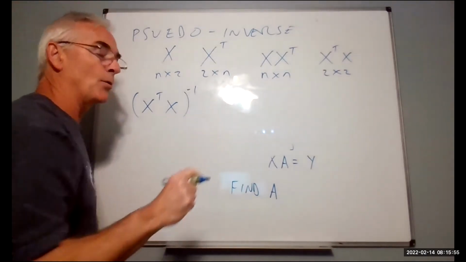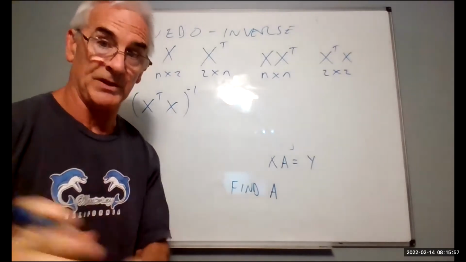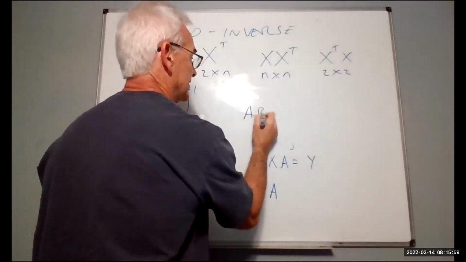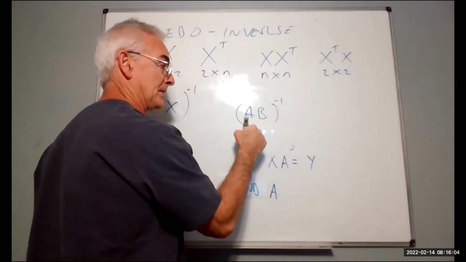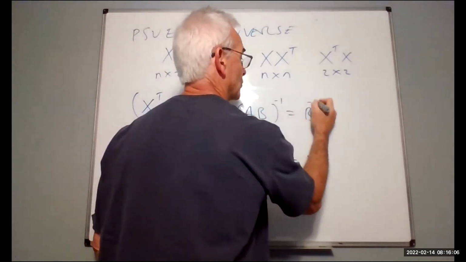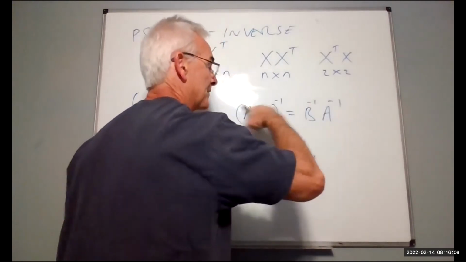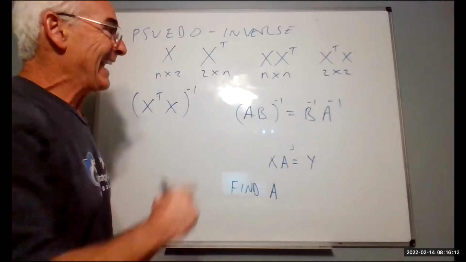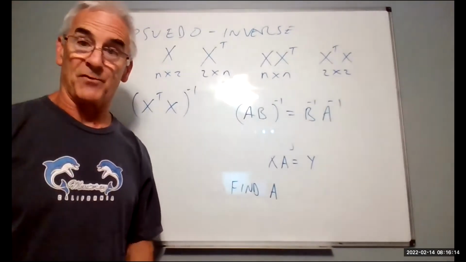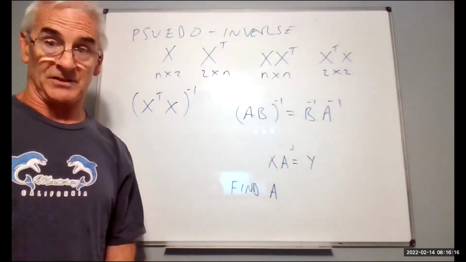By the way, we know that if 2 matrices are square, we showed this last week. If I said A and B are square matrices, and A and B inverse exist, then we proved last week that this is always true. If A and B are both square and the inverses exist, we know this is true. X and X transpose are not square, therefore neither one of them individually has an inverse.